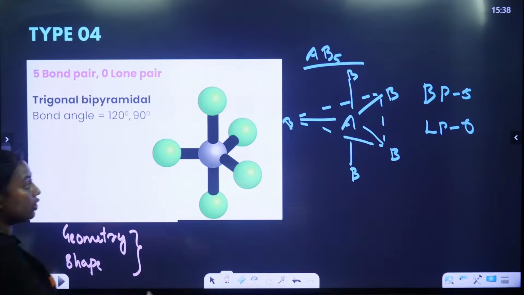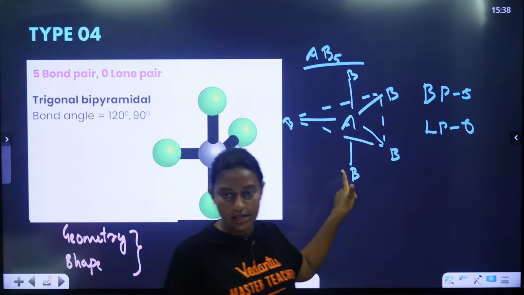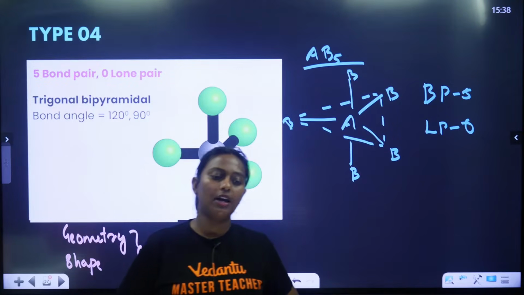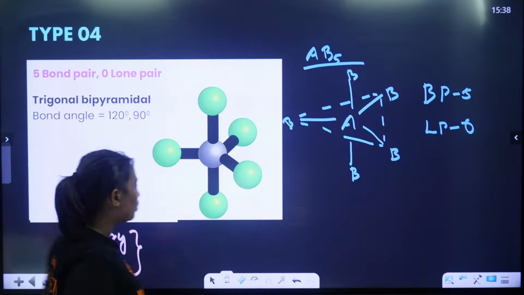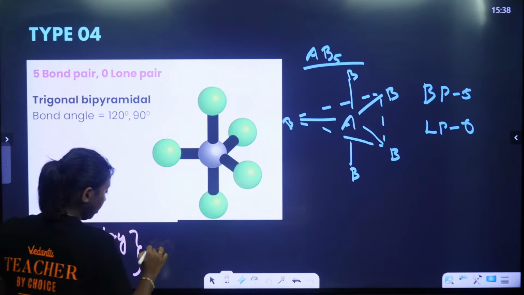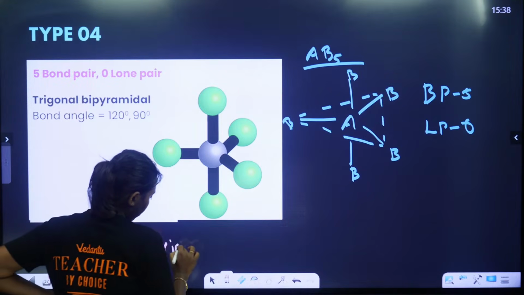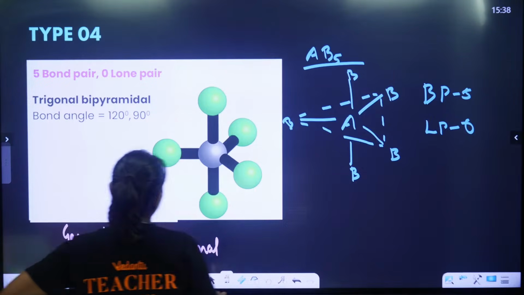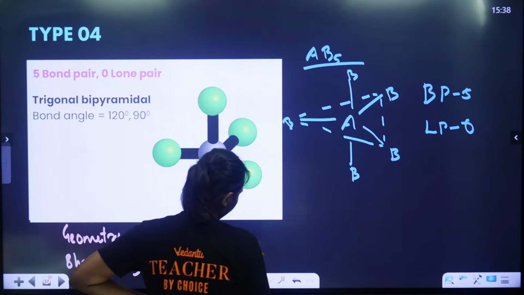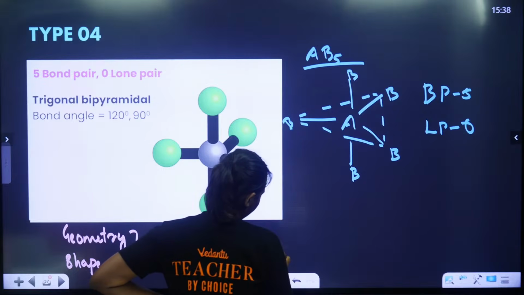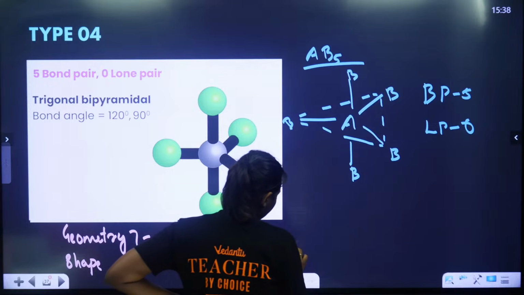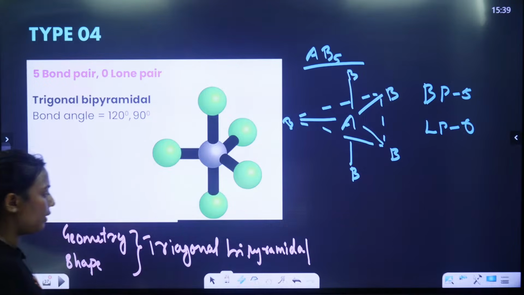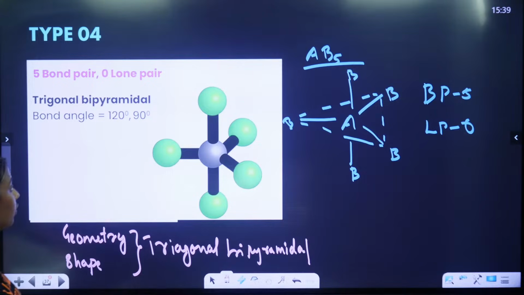Here you can see a triangle is there, and two pyramids are there, one up and one down. So it is trigonal bipyramidal. Trigonal bipyramidal.